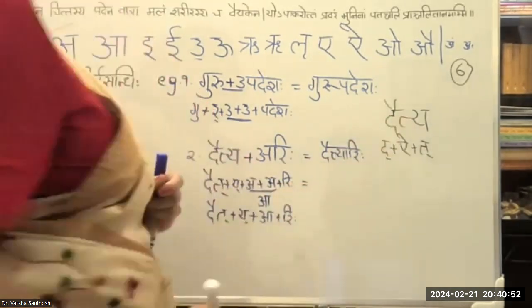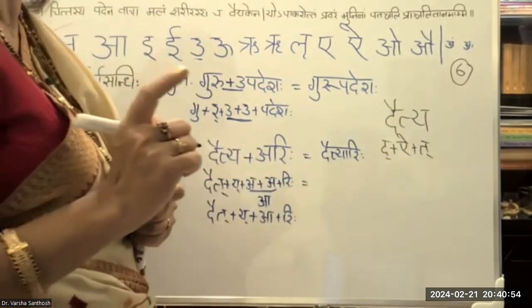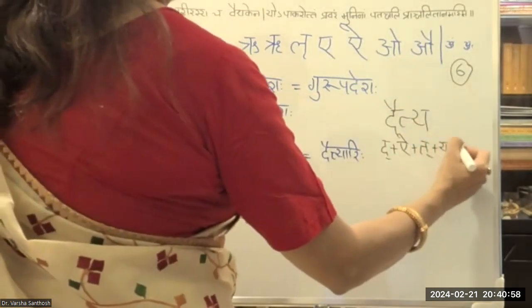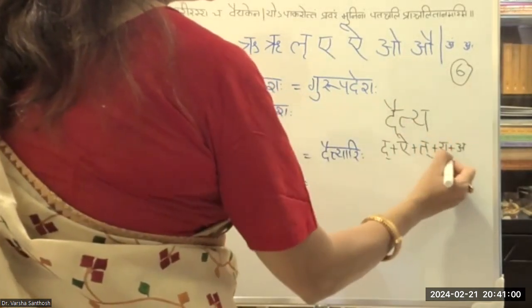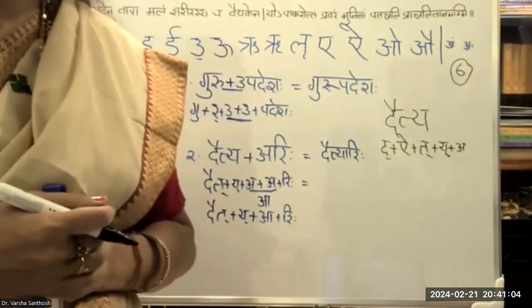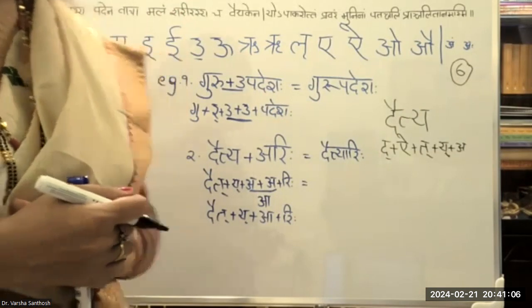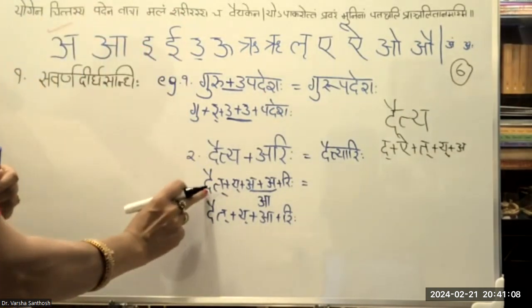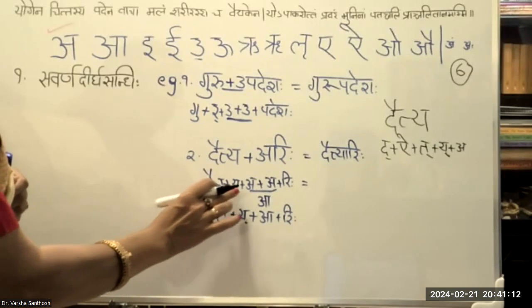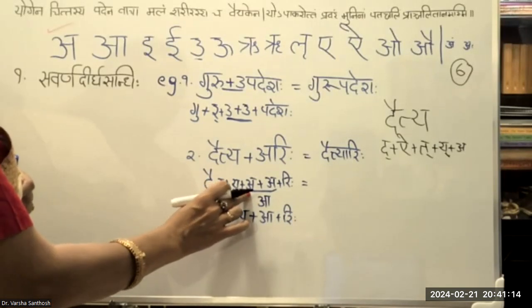Then comes Ya. Ya has what? Ya plus a. Halanta Ya plus a is Ya. Is this part clear? Yes. Okay. So this Dai I have not changed. Ta as halanta only. Ya plus a is there.